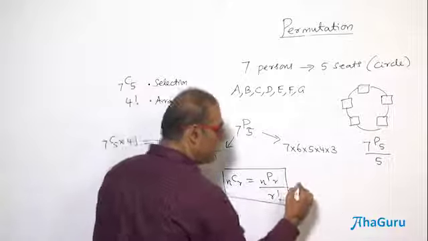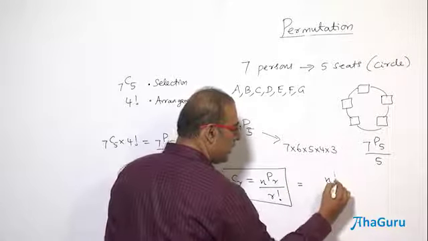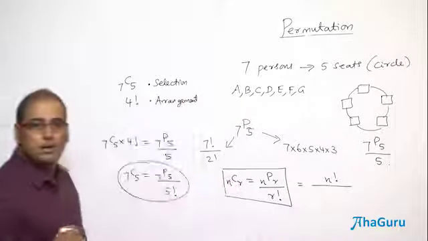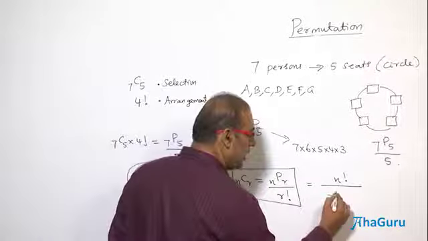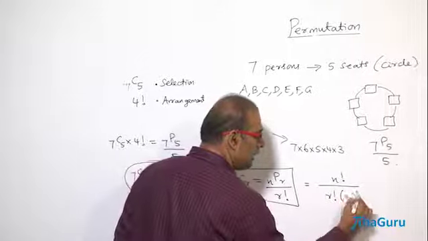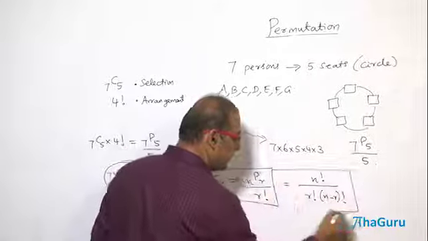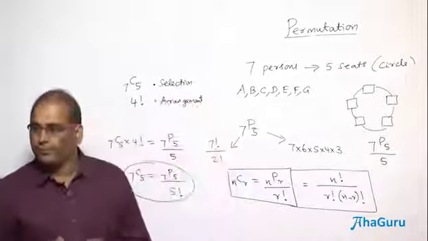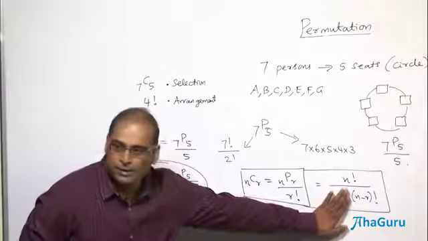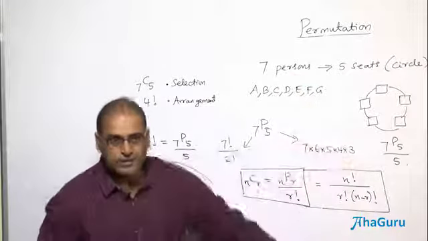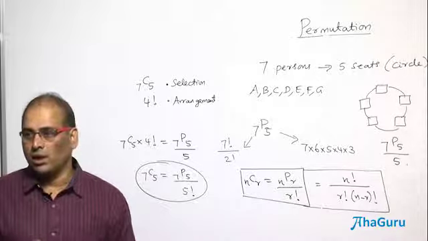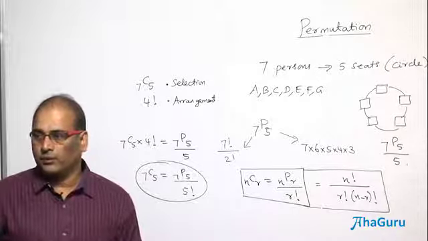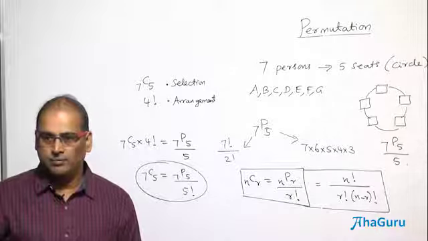But you already know what is npr. npr is n factorial by n minus r factorial. Then you divide by r factorial. So you get r factorial into n minus r factorial. So that is your n choose r. So if you divide only n minus r factorial, it is npr. If you divide that npr by r factorial, you will be getting n choose r. Are you able to understand? Clear?